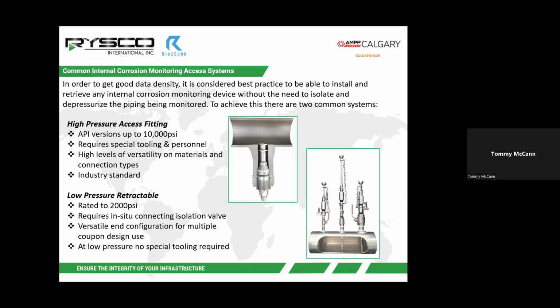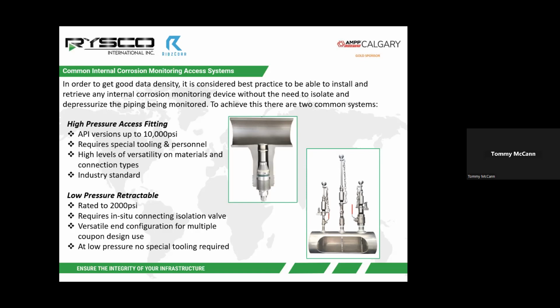Then there's what's called the lower pressure retractable, although if you consider 2000 PSI low pressure, then that's brave. But those are the ones we manufacture, rated to 2000 PSI. These are installed using an existing valve that must be in situ on the line.